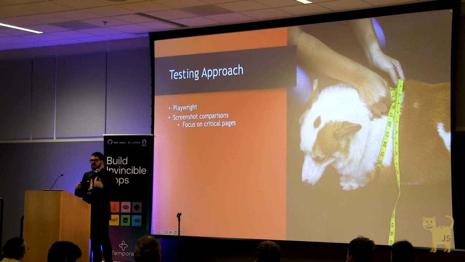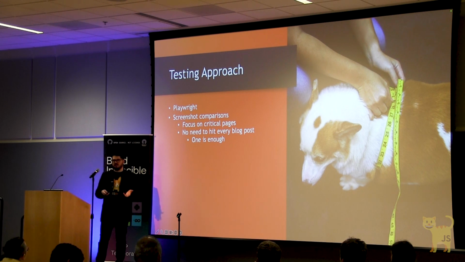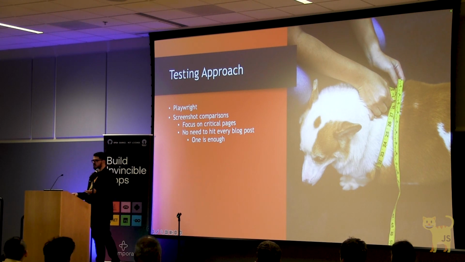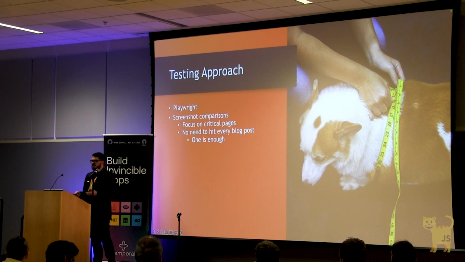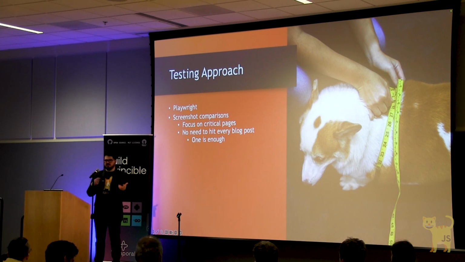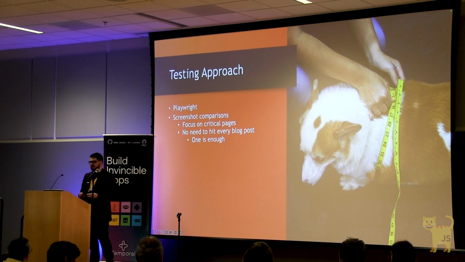No need to hit every single blog article, right? Just look at one article to be representative. It has some code in it, so we know the code blocks are rendering correctly. It has a header image, so we know those render correctly. Its tags and category links, author bio information, all of that stuff is rendering correctly.